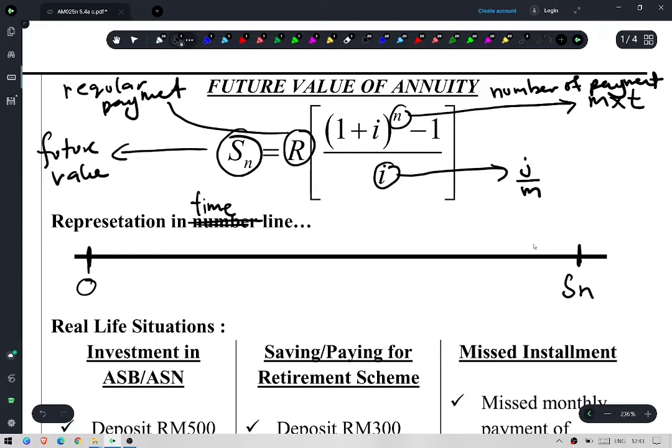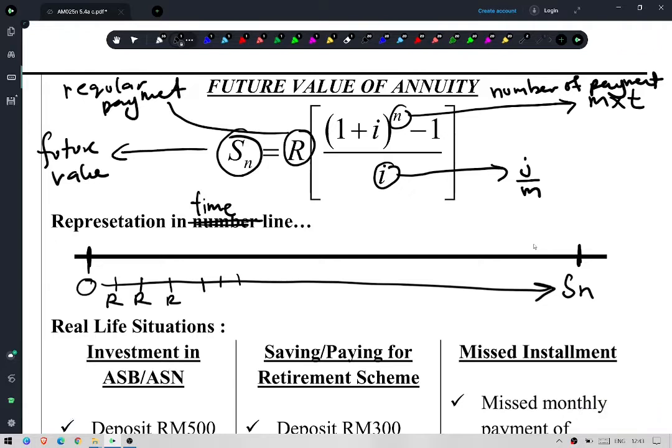Because future value of annuity is talking about a situation where you don't have any money, and then you make regular payments, regular deposits. So from 0 to SN, you make your first payment R, and second R, third R, and so on. You see over there? You keep accumulating R to get closer to the amount SN.